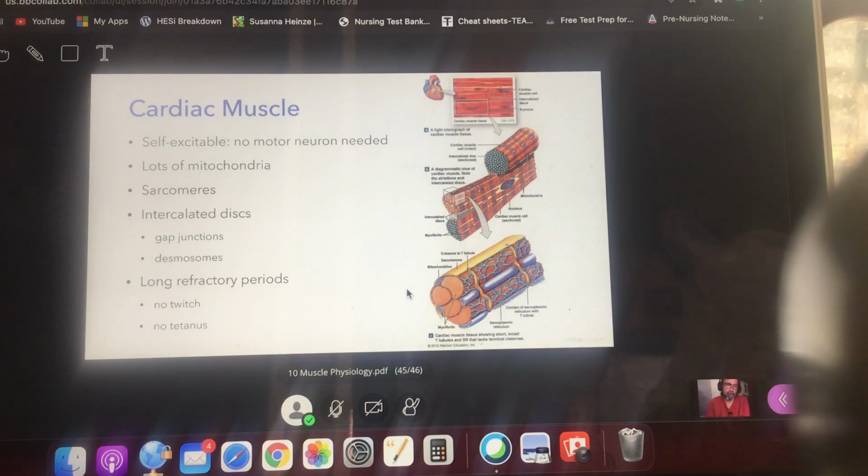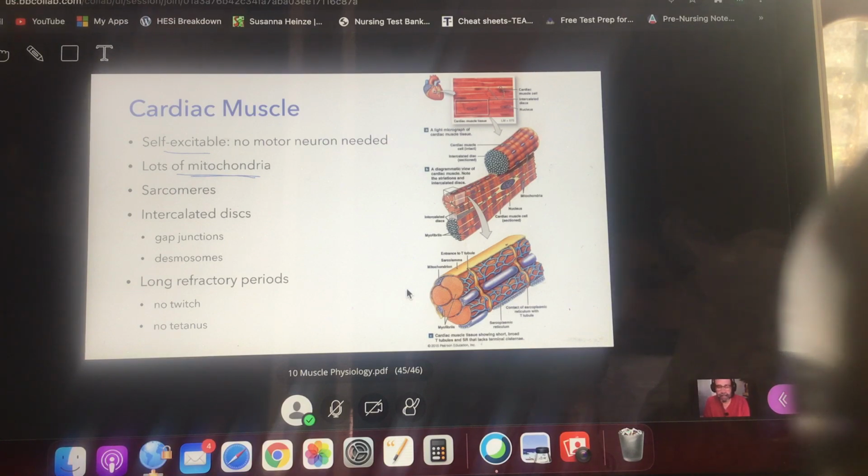I think I got one more slide. Yeah, I did want to mention very briefly cardiac muscle and smooth muscle. I think the key things to remember about cardiac muscle: they are self-excitable, with lots of mitochondria, way more mitochondria even than skeletal muscle. Think about it, guys. Where is cardiac muscle found?